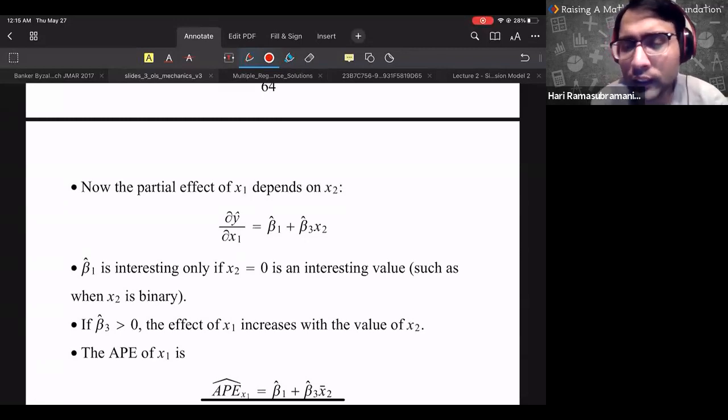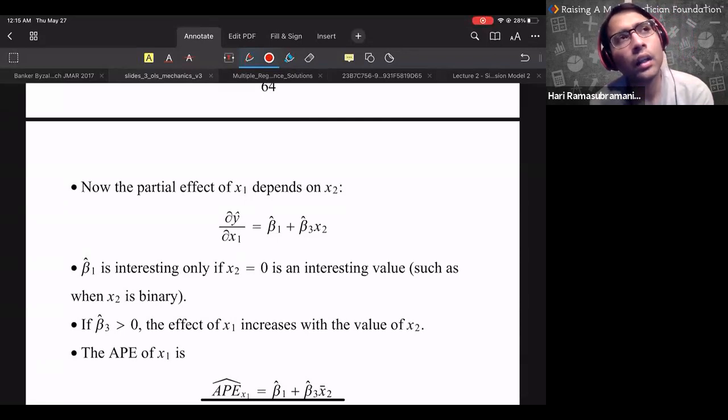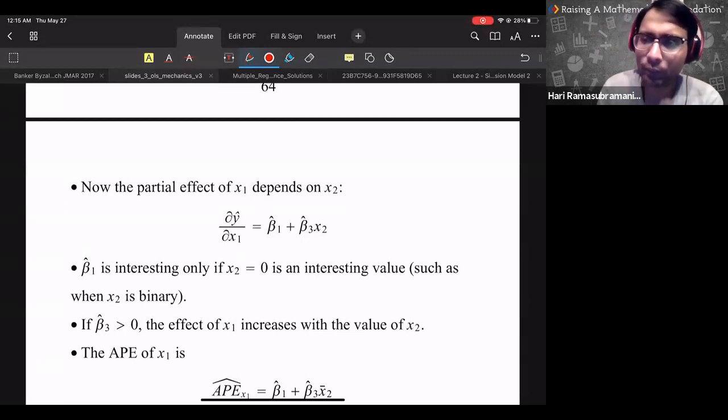This kind of interaction you can do for testing whether something is a substitute or a complement. What do we mean by substitute or complement? Complement means if you increase one variable, the effect of the other variable will also be positive. Whereas if they are substitutes, when you increase one variable, the effect of the other variable will reduce.